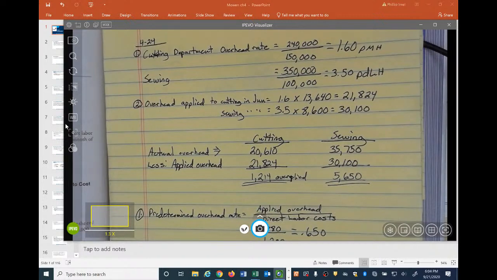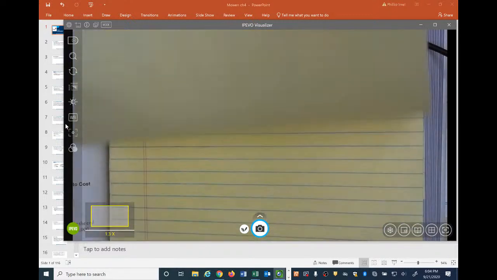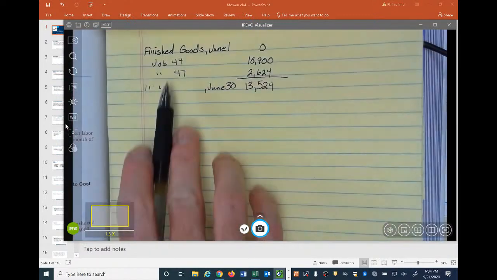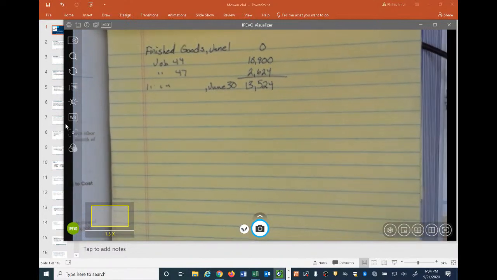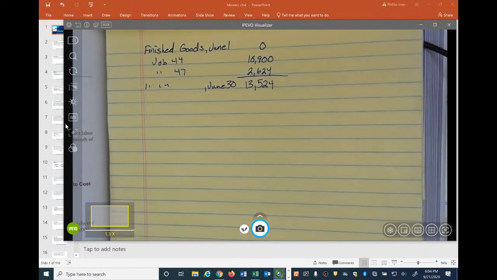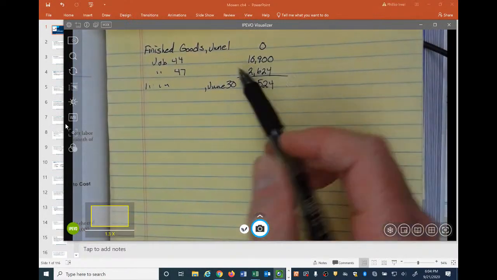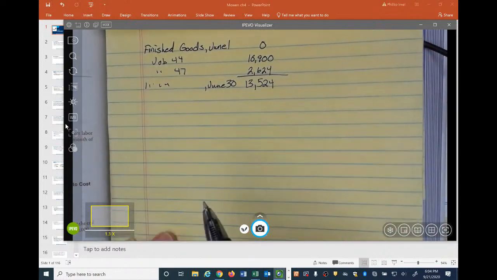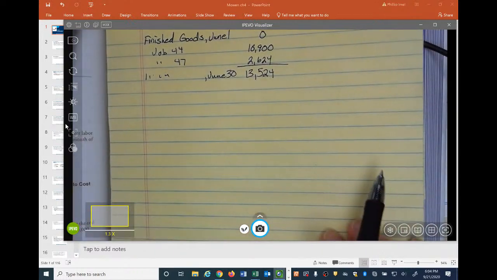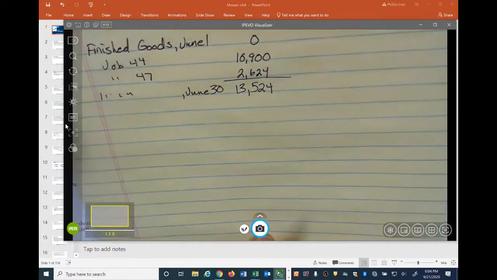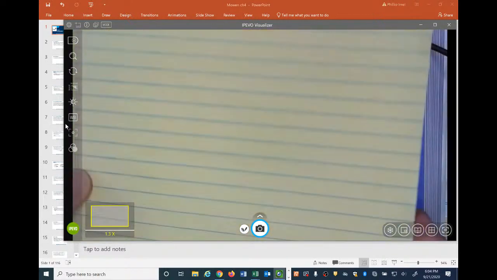Okay, so we have the finished goods June 1, 0, the 2 jobs left in finished goods, right? Because one was sold, one was still left in work in process. So these are the two left in here. So that gives us our balance June 30th, right? So next, we have to account for the cost of goods sold.